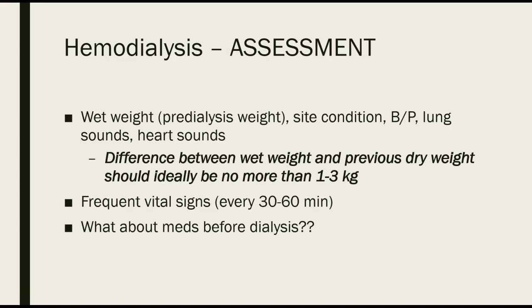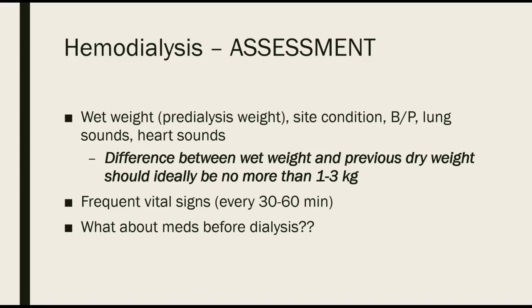Okay, so talking about assessment when your patient's ready to have hemodialysis, an important thing to look at is how much weight gain they have had from their previous dialysis session to the next dialysis session. So the difference between the wet weight and the previous dry weight. And we really want to make sure that there is no more than 1 to 3 kilograms of weight gain between dialysis sessions.